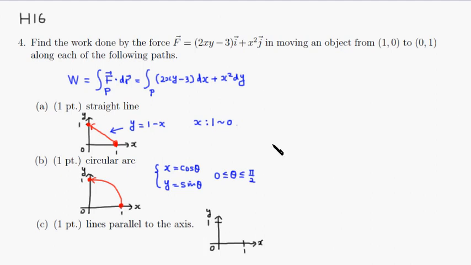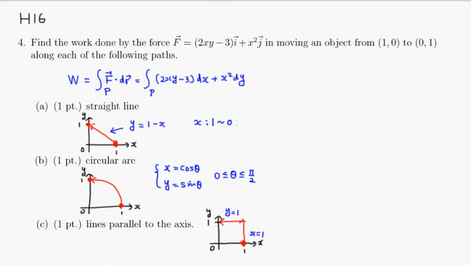The path you can take is to start from here, go along the y-axis, and then go parallel to the x-axis. Along here, x equals 1, and along here, y equals 1.